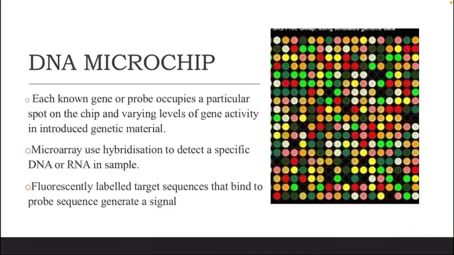Microarrays use the technique of hybridization to detect a specific DNA or RNA in the sample. Here we use a fluorescently labeled target sequence that will bind to the probe and later generate a signal.